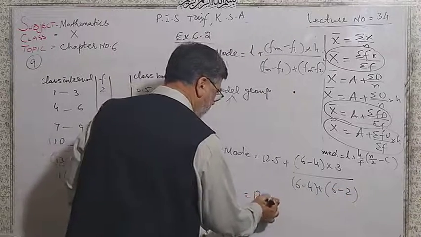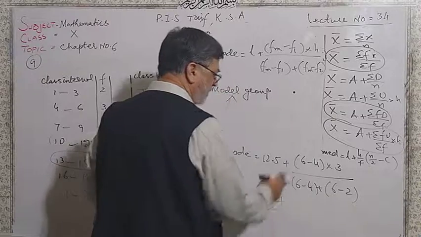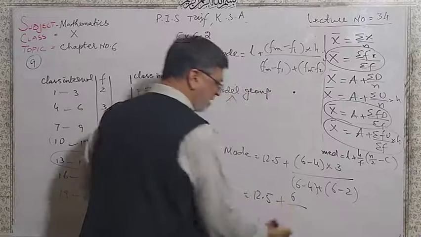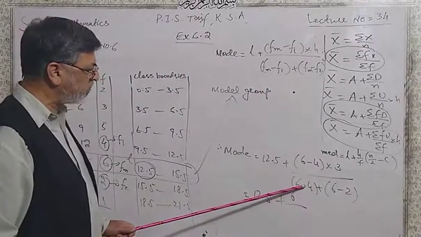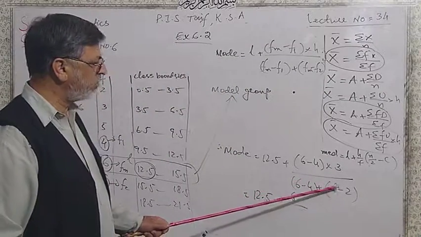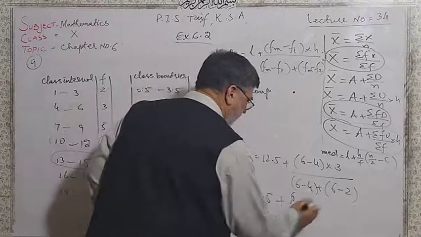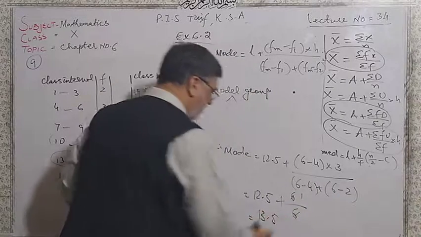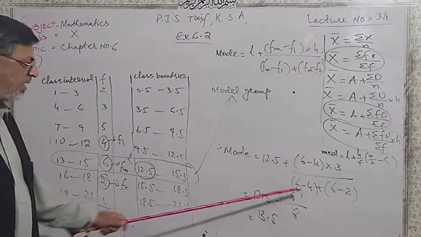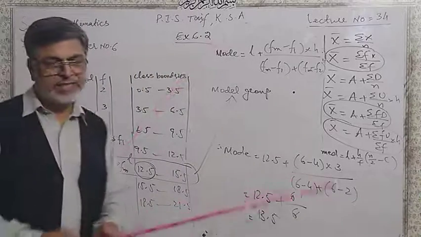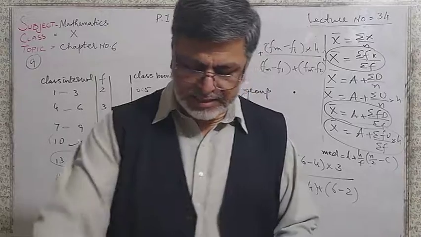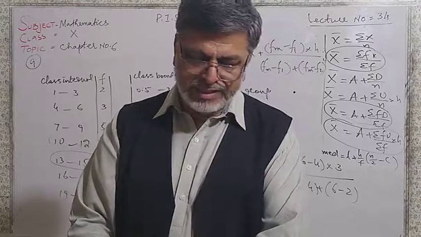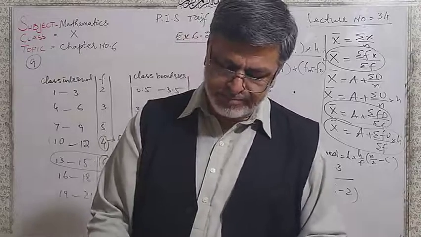So dear students, 12.5 plus 6 minus 4 is 2, 2 times 3 is 6, and here is 6 minus 4, 2, 6 minus 2 is 4, so 2 plus 4 is again 6, that will be 1, and so 12.5 plus 1 is 13.5, that is your answer of mode in question number 9.